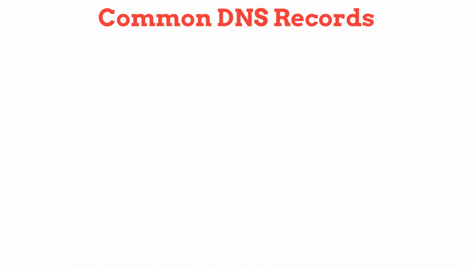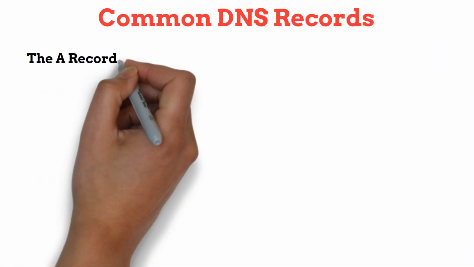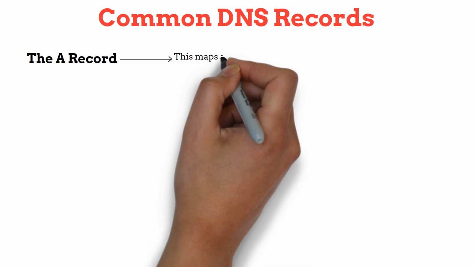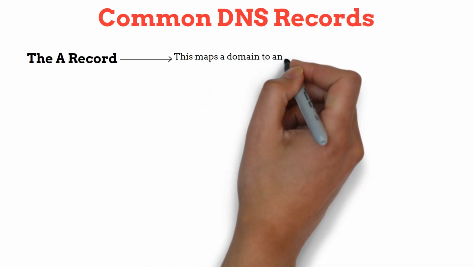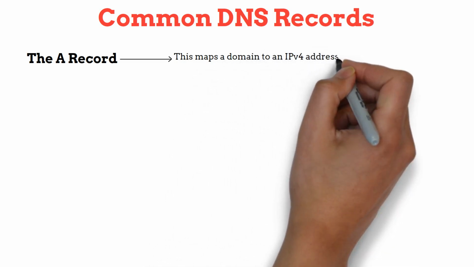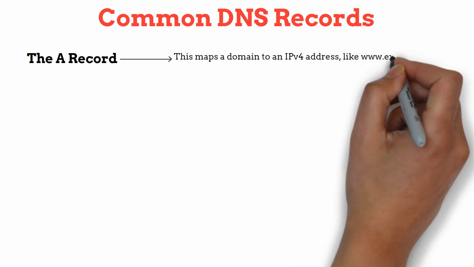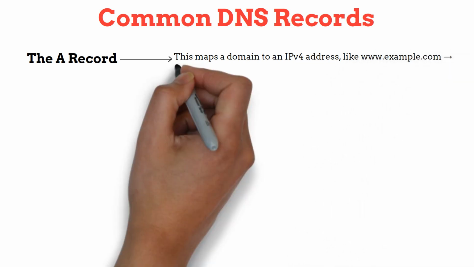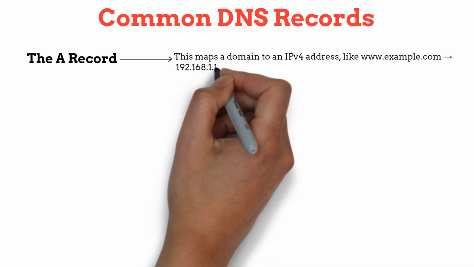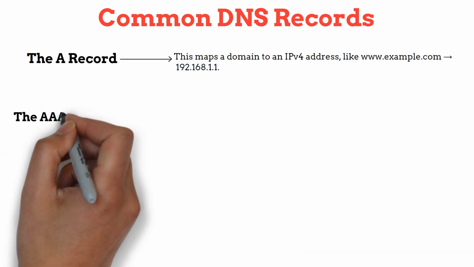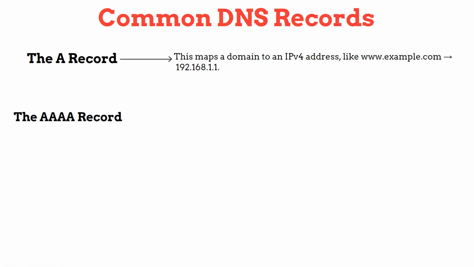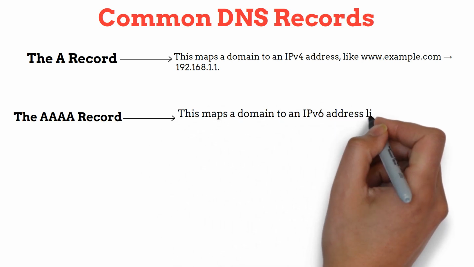Before we wrap things up, let's quickly cover some common DNS records. The A record. This maps a domain to an IPv4 address, like www.example.com, to 192.168.1.1. The quadruple A record, or AAAA.